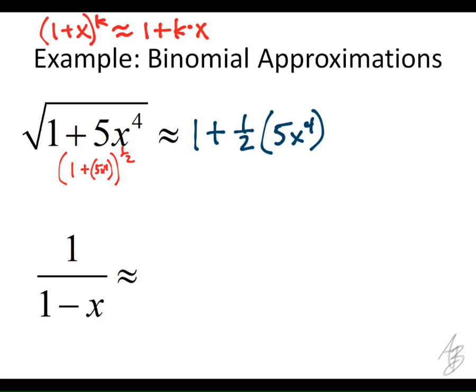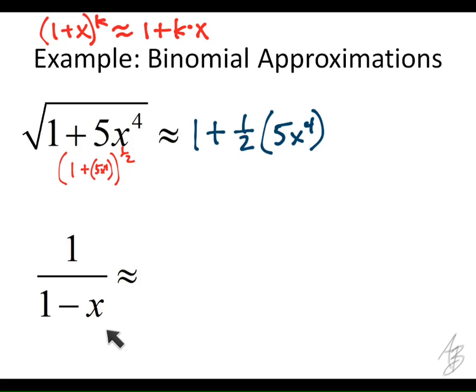And this is going to be really accurate when x is small. When I say x is small, maybe like 0.1. We wouldn't want to get a whole lot bigger than 0.1. But that depends on the second derivative. It depends on how much this function is actually curving, and that's going to depend on what k is.